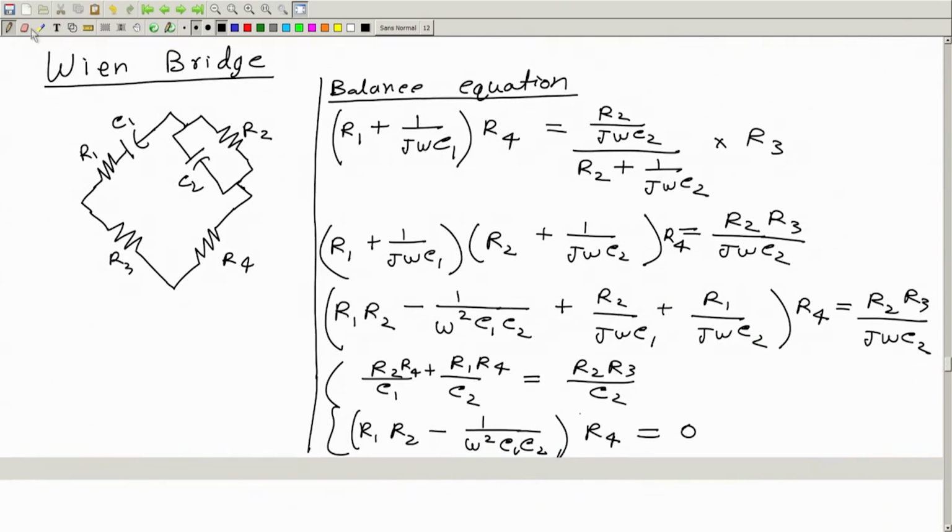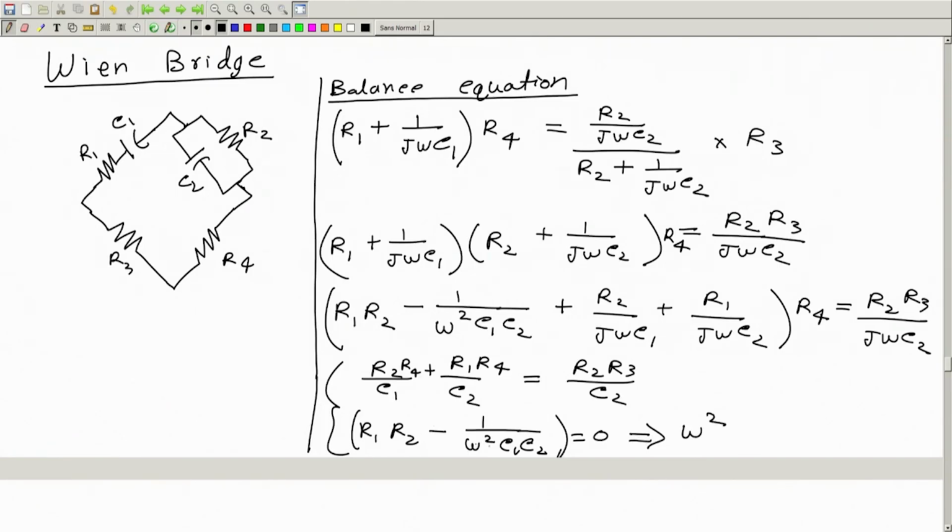So, R4 cannot be 0, resistance cannot be 0. So, this has to be the condition, therefore. So, from this we can write also that omega square, okay.